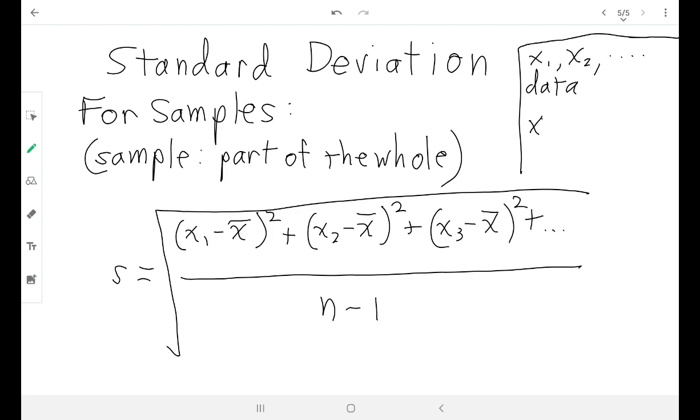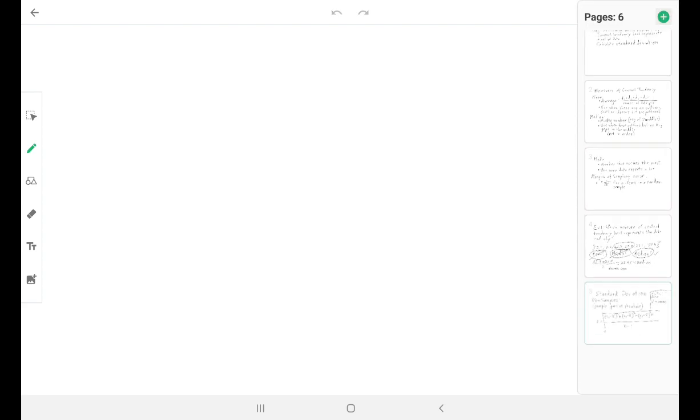X bar is the mean. It is the average of all the data. Okay? So this formula, as you can imagine, gets very big very quickly. It's a pain in the rear, but it's incredibly useful, and that's why we have it.